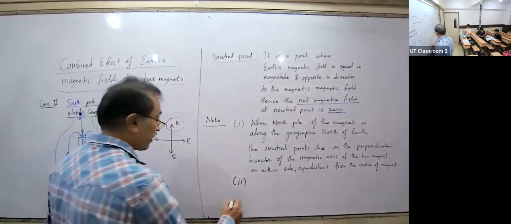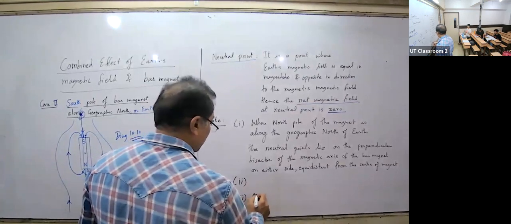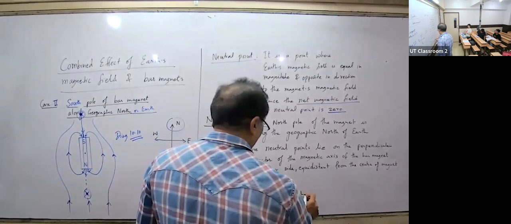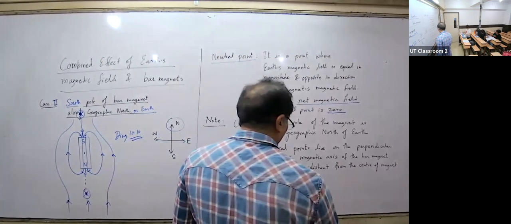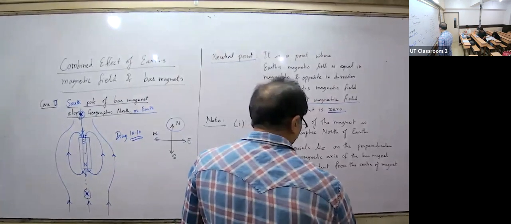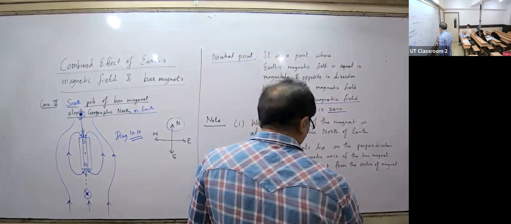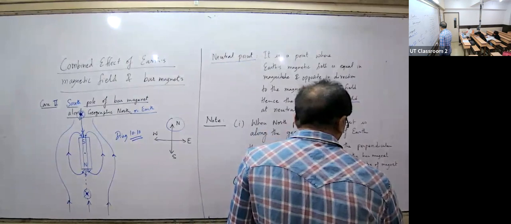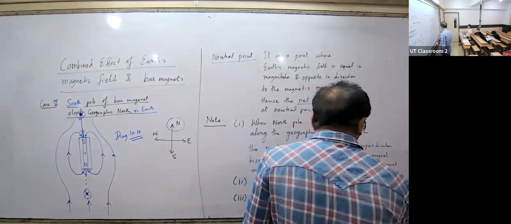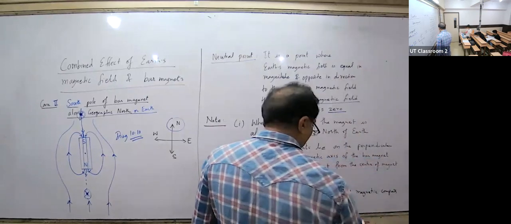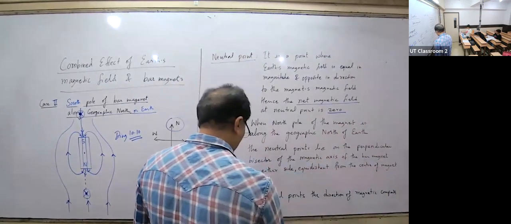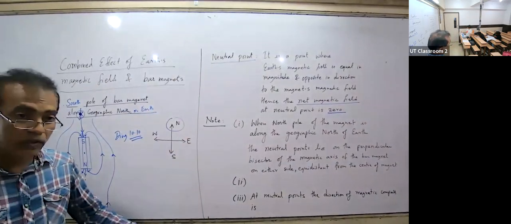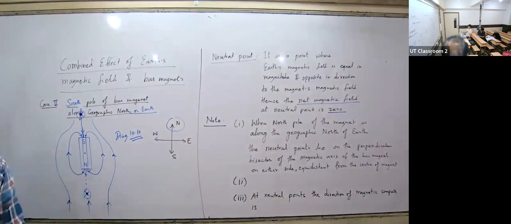Third, at neutral points, the direction of the magnetic compass is... where should be the direction of the magnetic compass at neutral points?